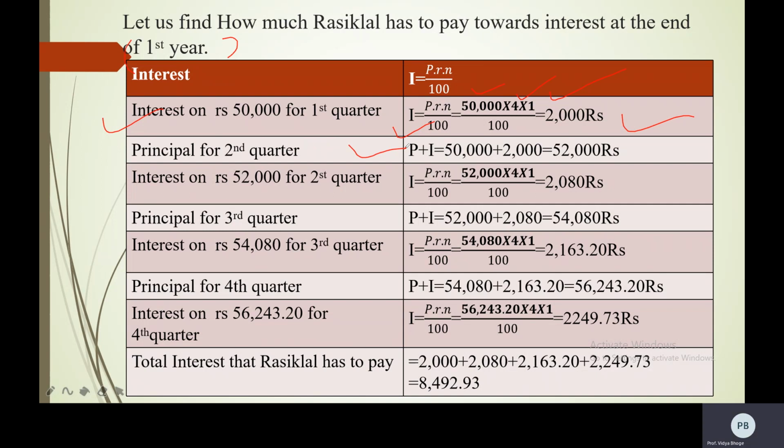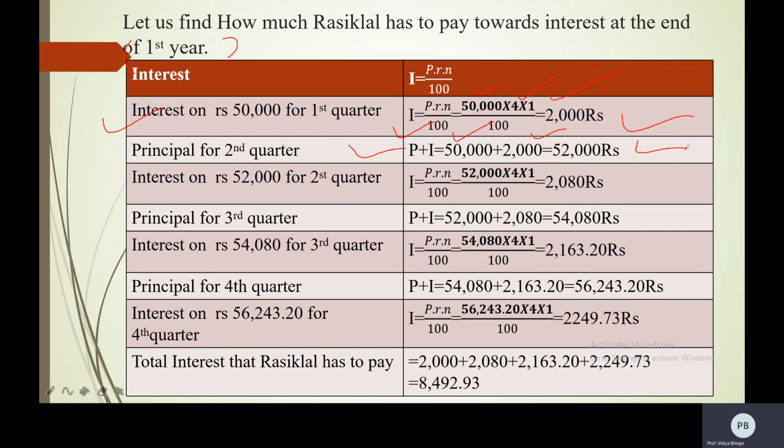Now what is the principal for the second quarter? P plus I, which is 52,000. Compound interest means P plus I, so you have to add the interest to the principal amount.